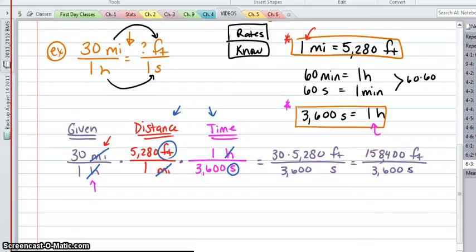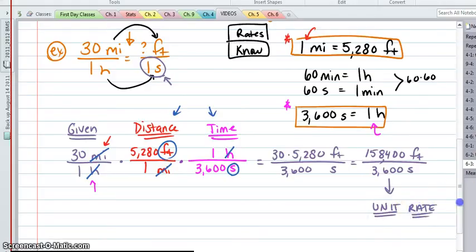Now we are almost there. This is equal to 30 miles per hour, but I do want a unit rate. I want to know how fast this bear is going per second. So you may need to make one more adjustment here.